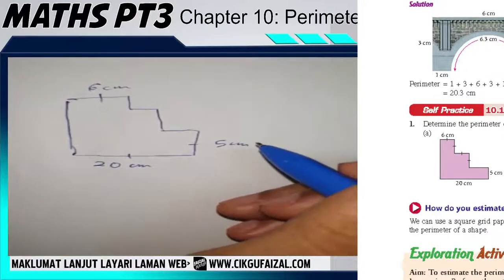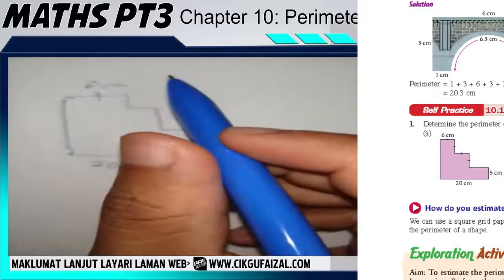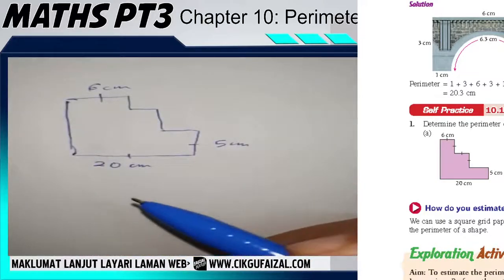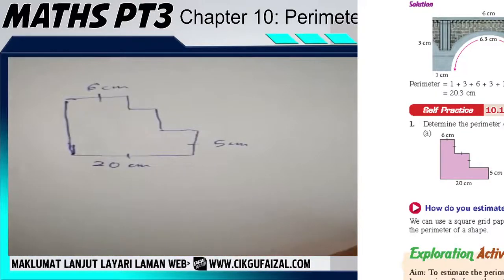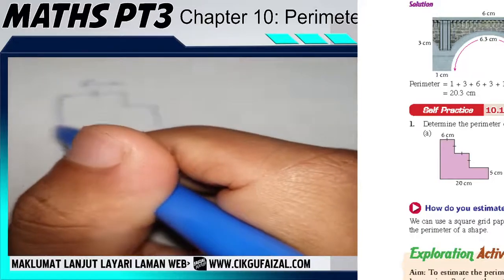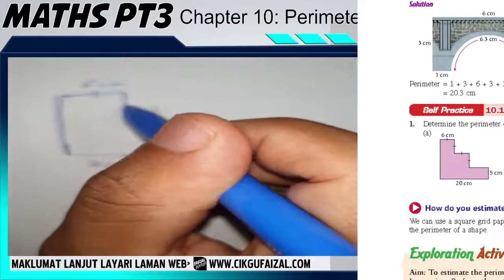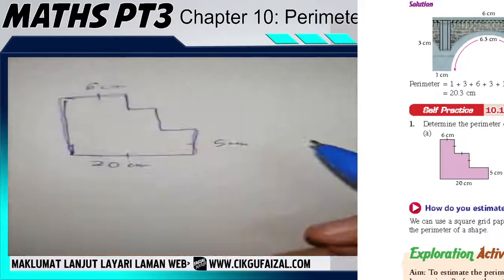As you look over here, it only gives you 3 known lengths for the sides. So for perimeter, you need to calculate the total summation of the length of each side. Not the area, but the length around it.